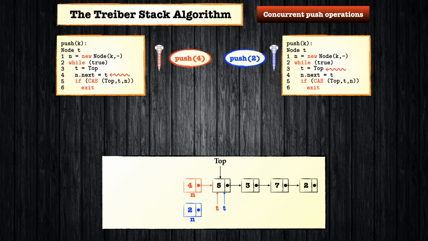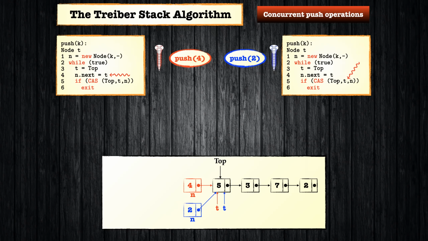So the blue thread continues and it defines the next pointer of the new cell to be equal to its own t, which is the same cell as the one pointed to both by top and the red t. And it goes to its CAS instruction. Now it checks whether top has changed or not.